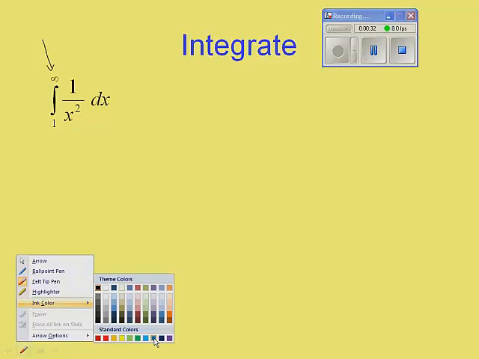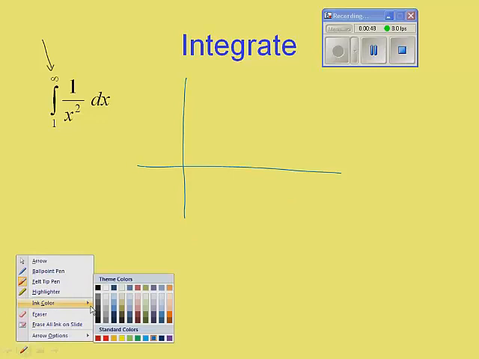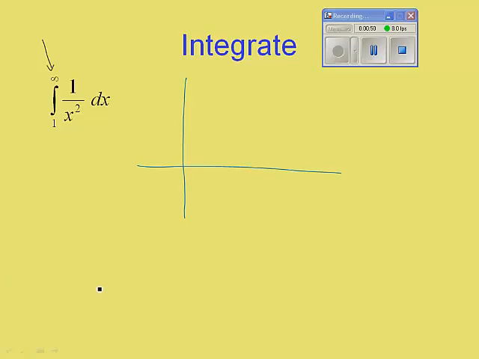Well, to make sense of this, what I'd like you to do is draw a graph that the fundamental theorem of calculus tells us we associate with this. So here's my x and y axis. What's the function we're dealing with? 1 over x squared. Do you guys know what the graph of that looks like? Well, yeah.